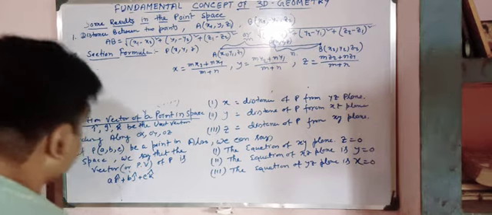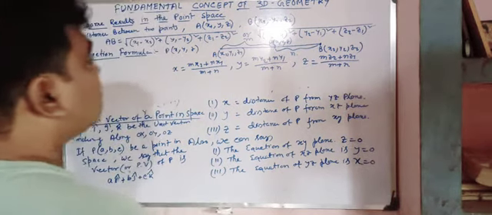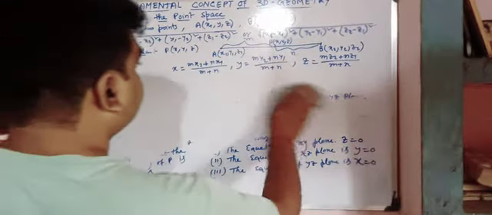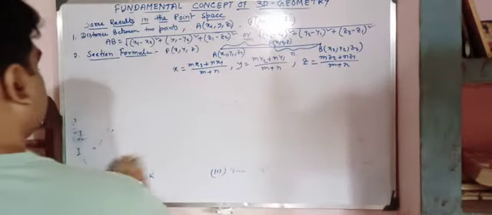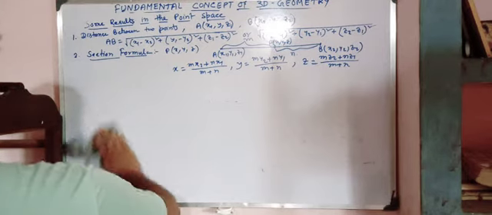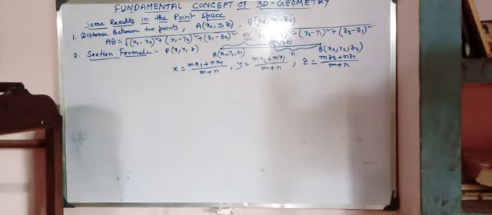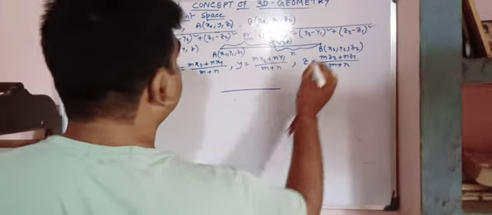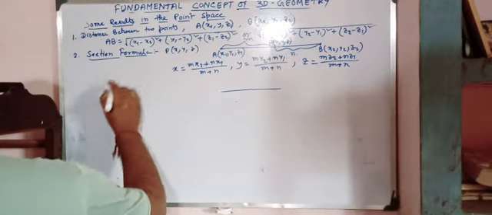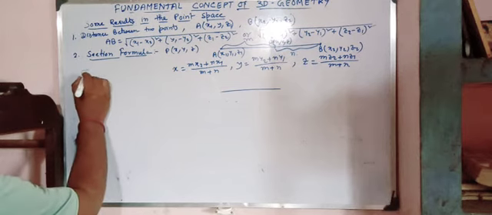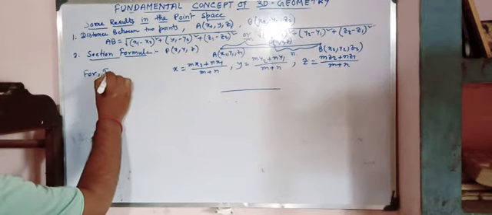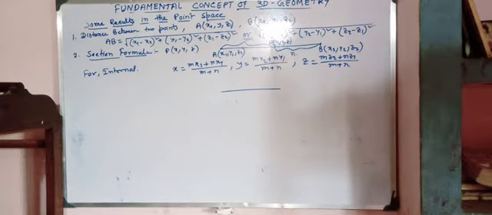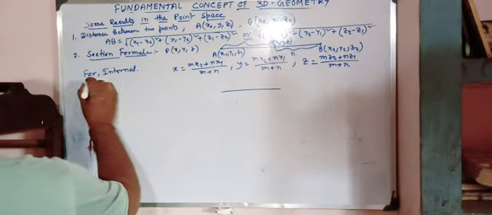Now if it divides the line AB externally, I'm again showing you that. Suppose this is my line AB. This is for internal.